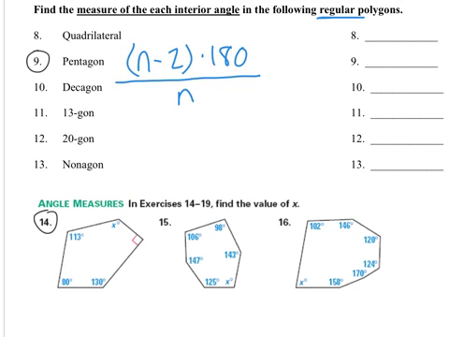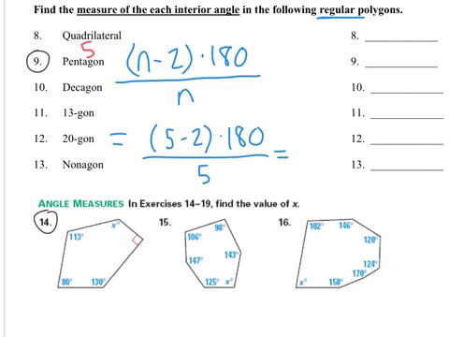A pentagon has 5 angles, so n is going to be 5. So we have 5 minus 2 times 180 divided by 5. 5 minus 2 is 3, times 180 is 540. So we have 540 divided by 5.